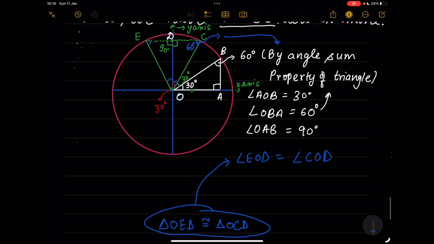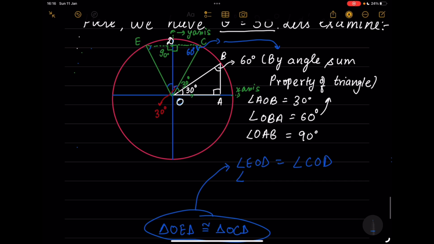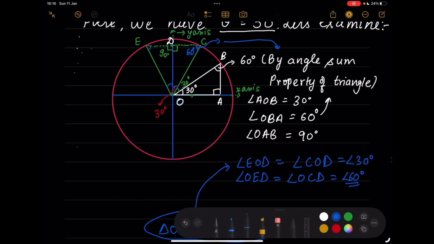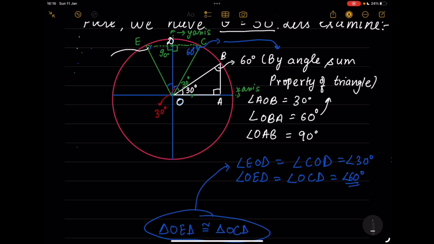Congruent parts of congruent triangles are equal, and this is 30 degrees, and we'll have angle OED equal to angle OCD, which is 60 degrees. So we got this, right? Let me just note this down here. This angle we got as 60 degree, and this angle also we got as 30 degrees.